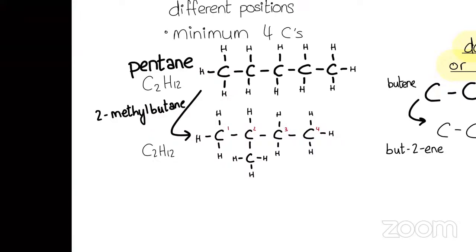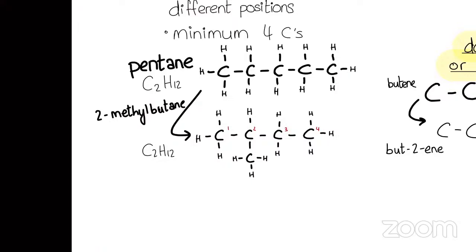And then what we did was we created an alkane, basically an organic compound, with 4 carbons instead of 5. But that 5th carbon, what we did with it was we made a methyl branch with it. We created a CH3 branch with it on the 2nd carbon. In that case, we have pentane and we have 2-methyl-butane.